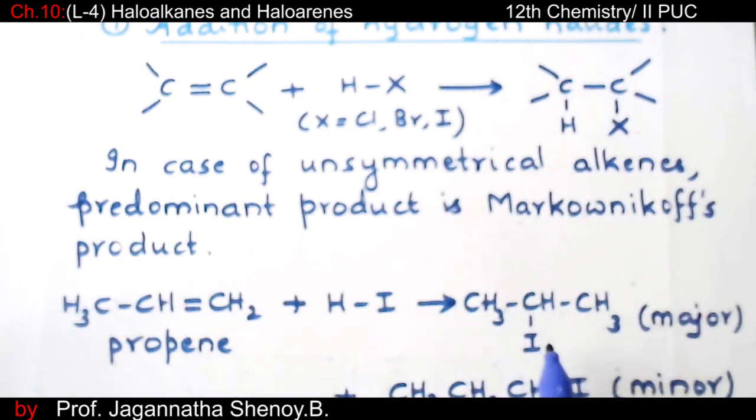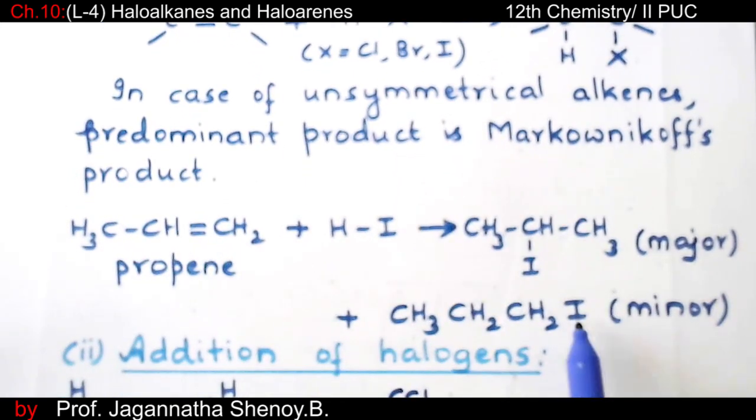So in such case, I'm going to get the major product according to Markovnikov's rule. You know, the negative part of the adding species must go to that carbon atom involved in the double bond containing lesser number of hydrogens. That's why 2-iodopropane is the major product and 1-iodopropane is the minor product.